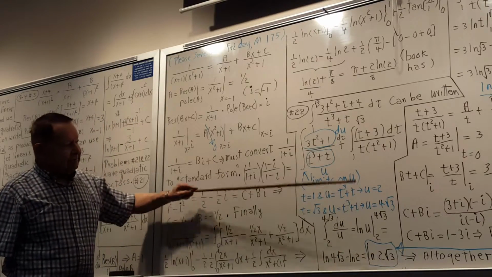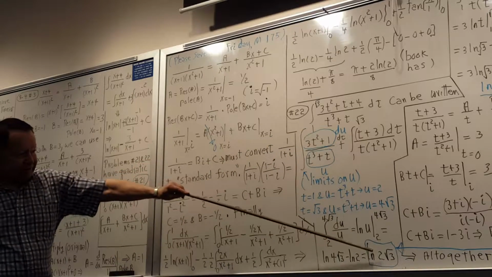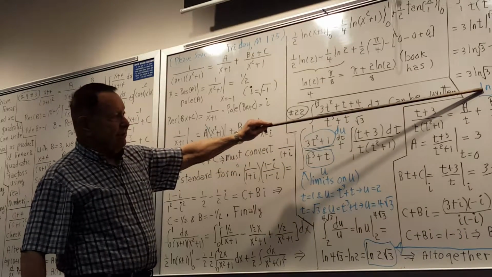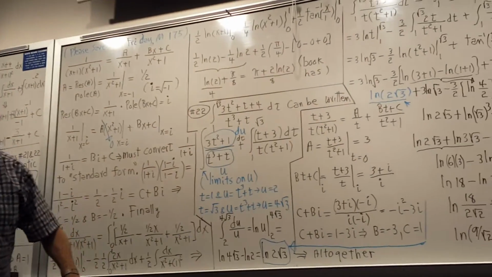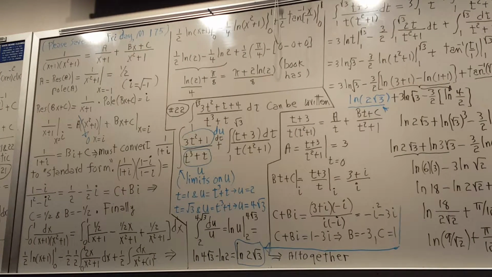So my answer from this first part is log 2 root 3, which I'll eventually be using up here to get the final answer. So I don't want to lose it altogether.